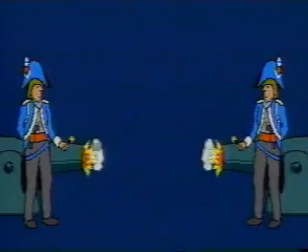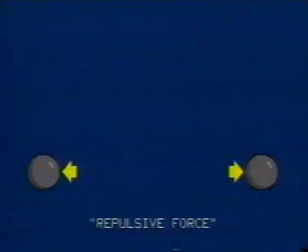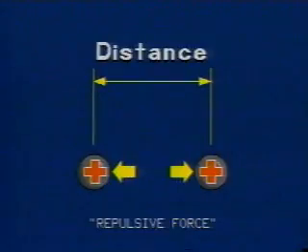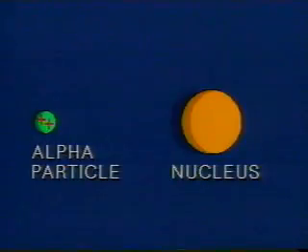So Rutherford looked to Coulomb's law for an explanation. The force of repulsion between two particles with the same charge increases as distance decreases. Is it possible that the positively charged alpha particles were being repelled by a nucleus of positive charge within the gold foil?